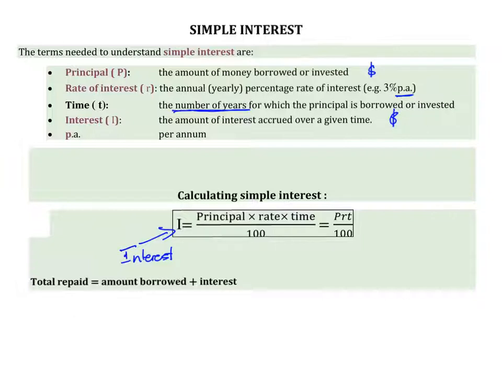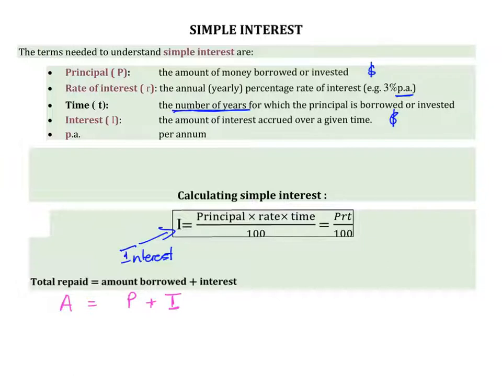The other thing that you should perhaps know is that if you wanted to work out the total amount in your account after the interest has been added on, we would say total, or if it was a loan, total repaid or total amount is equal to the amount borrowed, which is the principal, plus the interest, which makes sense. If you had $50 in your account and you earned $2 interest, then you've got $52, and so that's your total amount.